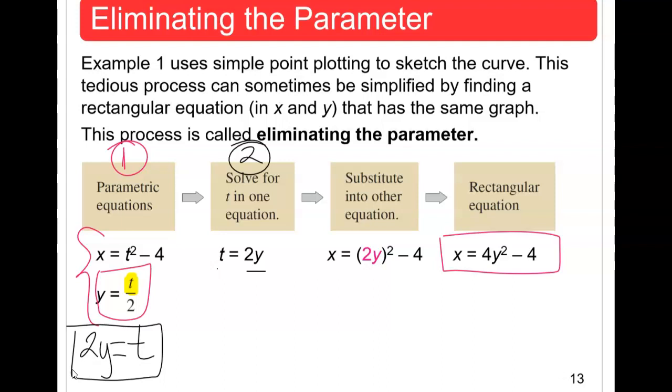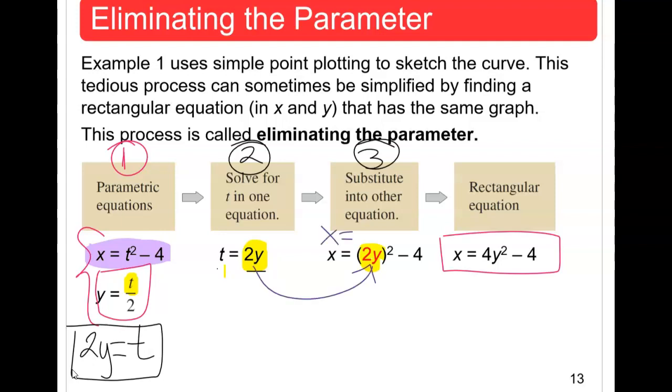Then from here, the third step will be to go to the other equation. In this case, we take the equation for x, as you can see here, and we substitute what we got for t. You see that we say t equals 2y. So instead of the t in t squared, we substitute 2y.